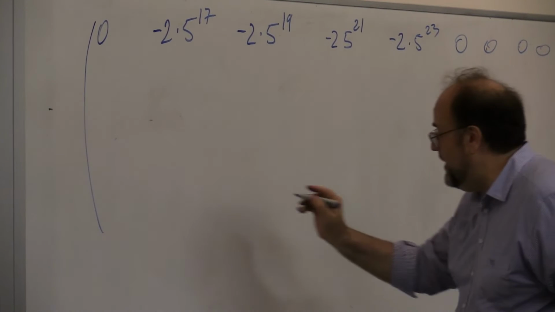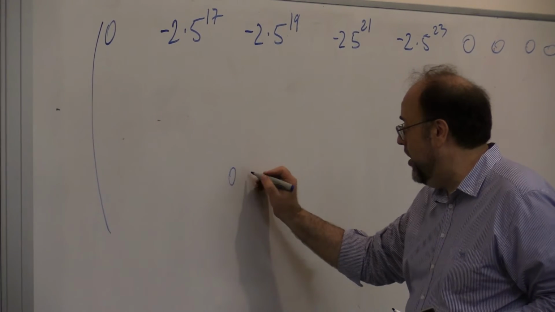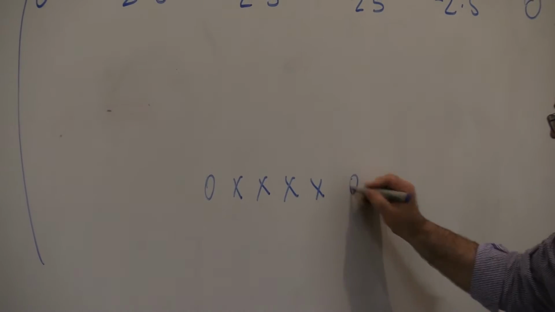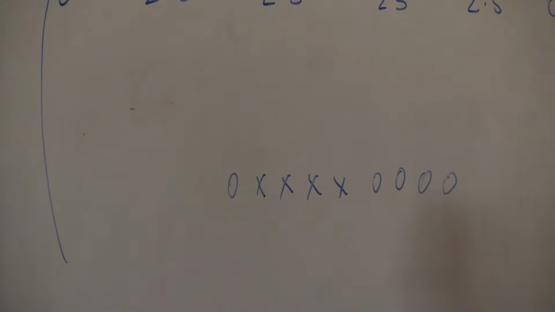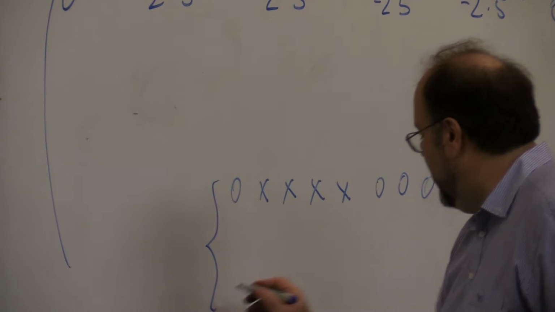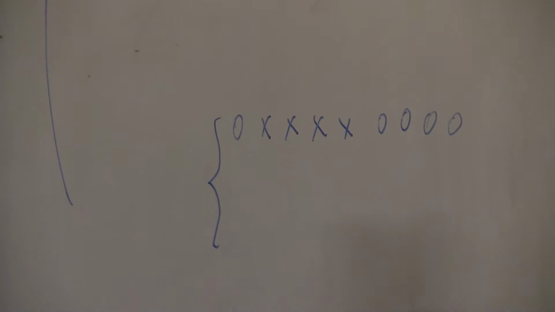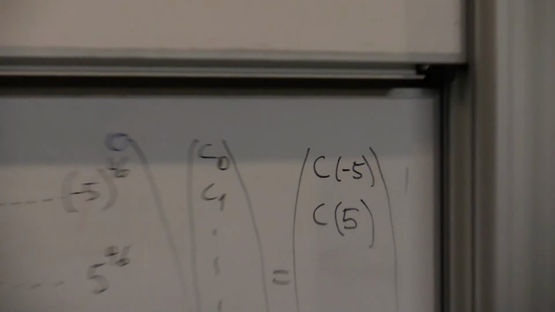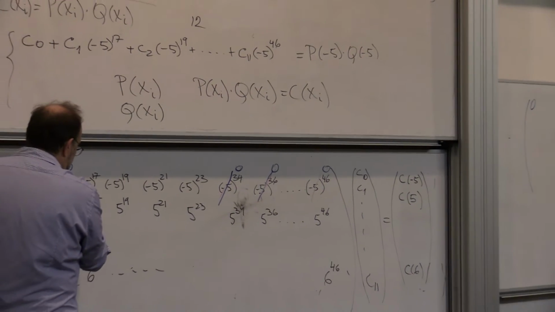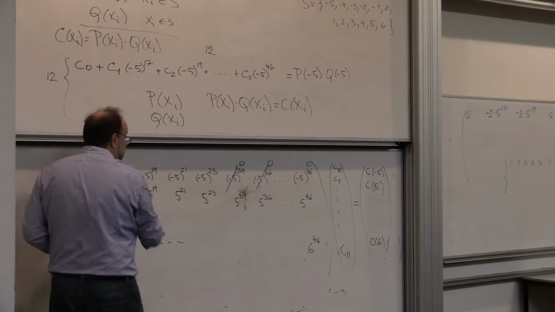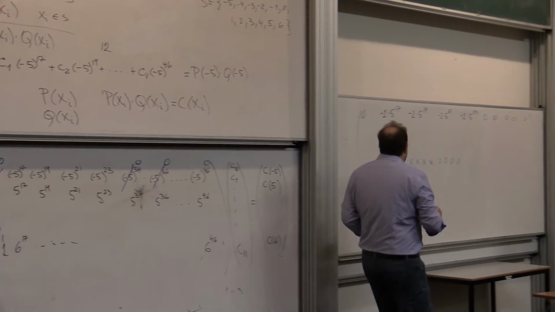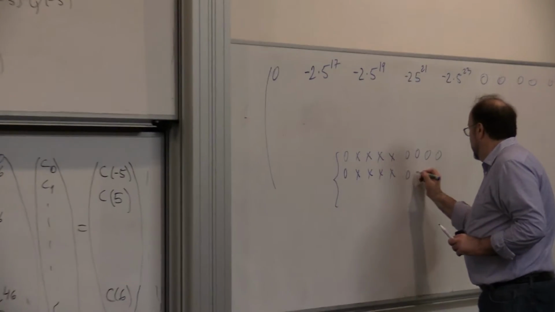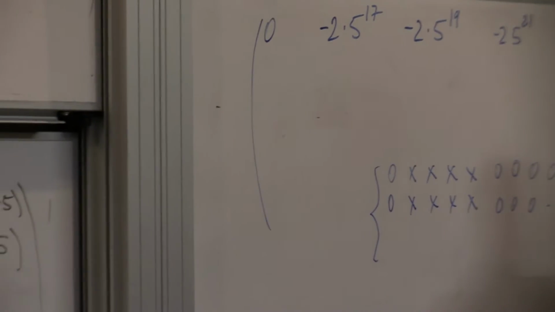So this vector looks like this: 0, then four non-zero entries, and all others are zeros. And how many pairs do I have? I have 5 pairs because x goes from 1 to 5. So I will have 5 vectors that look like this, and then 0 everywhere.